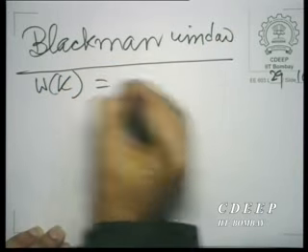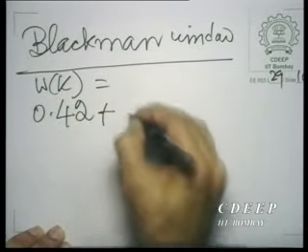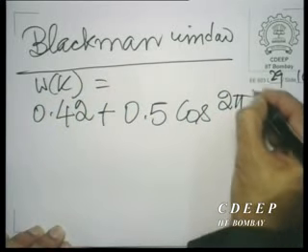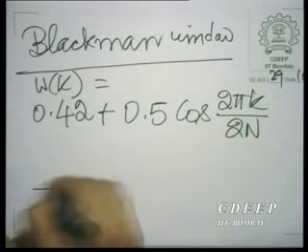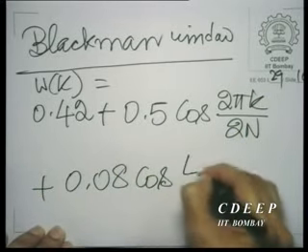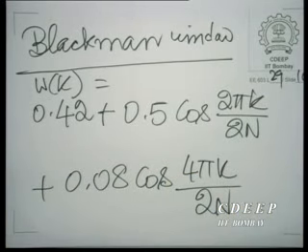In the Blackman window, Wk is described by 0.42 plus 0.5 cos 2 pi k by 2n plus 0.08 cos 4 pi k by 2n. So essentially one has introduced a second harmonic term.